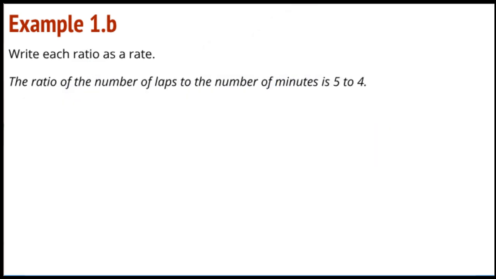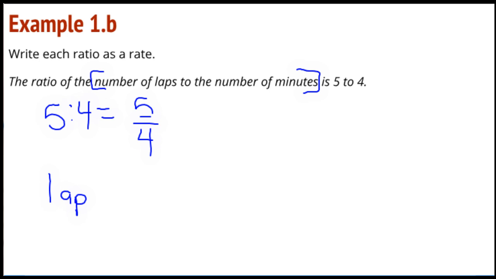All right, so I've got a ratio. I need to write it as a rate. The ratio of the number of laps to the number of minutes is 5 to 4. So I know that I've got a ratio of 5 to 4. I know it will have a ratio value of 5/4. I know that I am working with the number of laps to the number of minutes, so I have laps per minute.